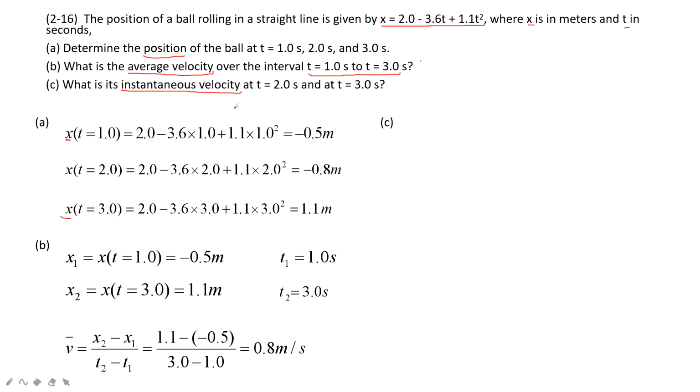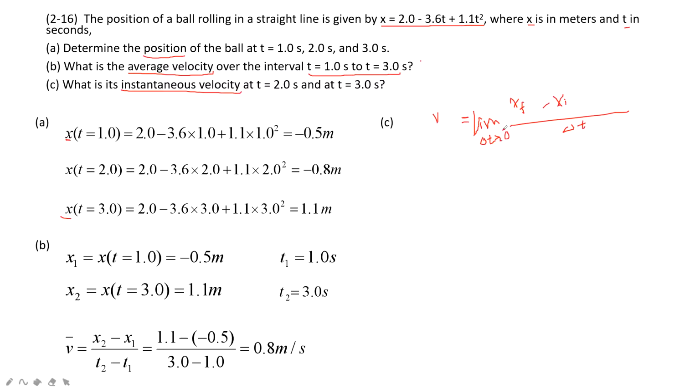So we can say if delta t is very small, we consider x final minus x initial divided by delta t, and then we take the limit as delta t tends to 0. This is called the instantaneous velocity.